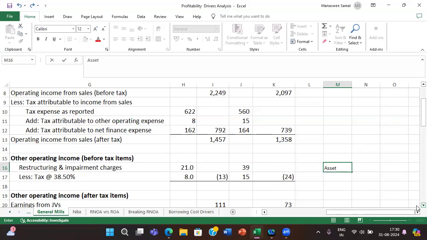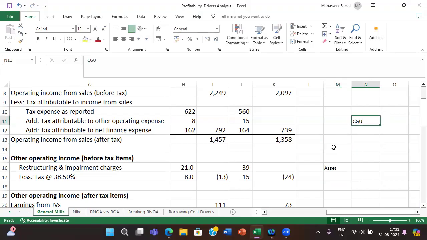An asset in combination with several assets is capable of generating cash flow. In that case, for understanding impairment, you have to move to a concept called CGU, cash generating unit.